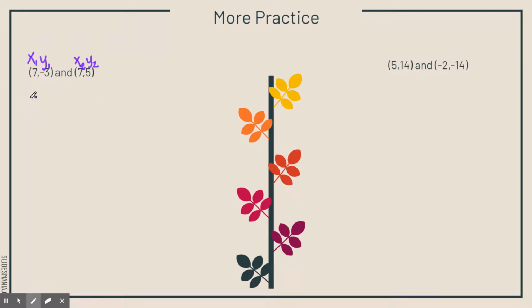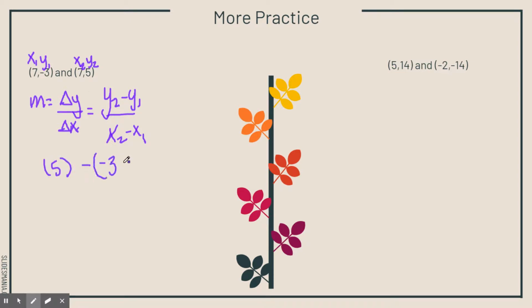Okay, so now I'm going to use my formula, which is m equals the change in y over the change in x, which is the same thing as y2 minus y1 over x2 minus x1. All right, so then let's plug it in. Y2 is 5 minus negative 3 for y1. And then x2 is 7 minus 7.